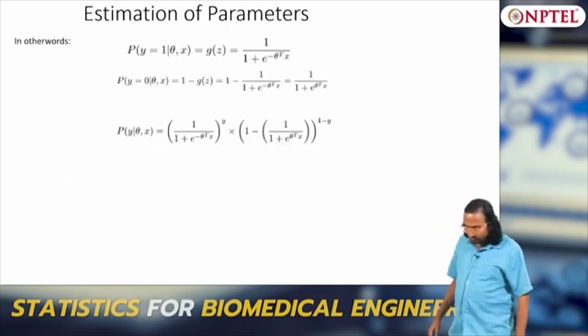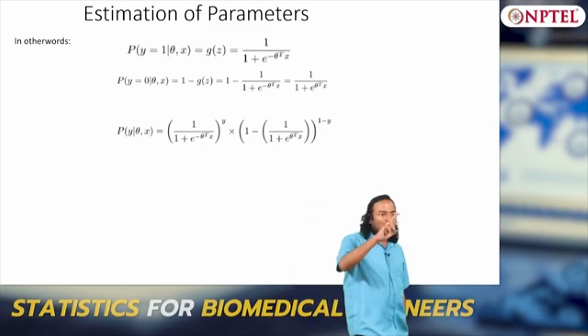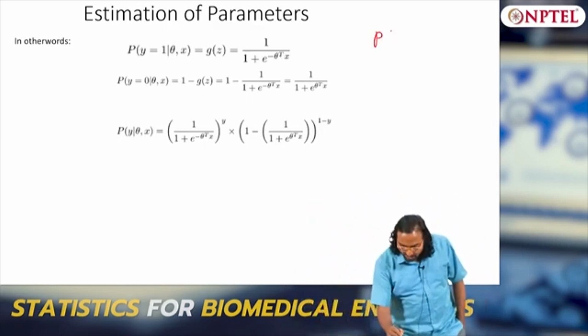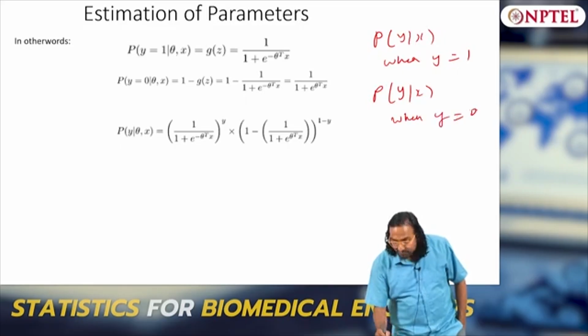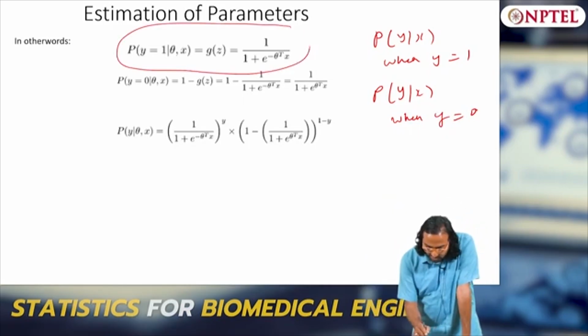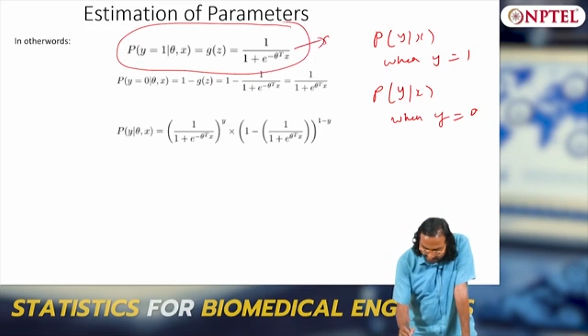Now we have two parts to this function, two parts to this probability of y given x. What is the function, the probability of y given x when y equals 1, and the probability of y given x when y equals 0? When y equals 1, this is my function: 1 by 1 plus e power minus z, and this is for success.